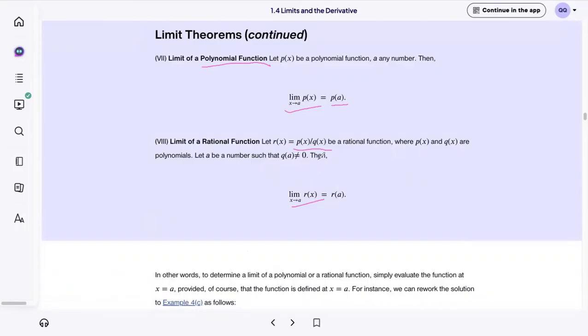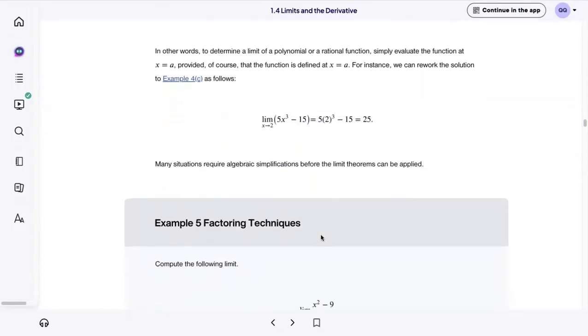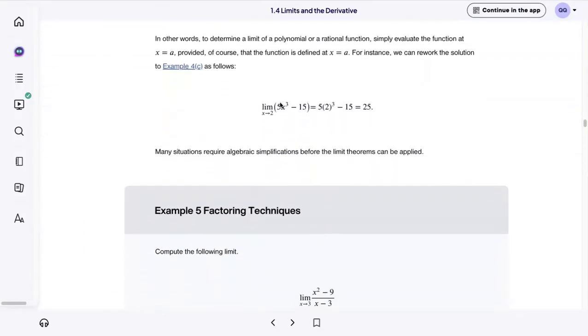It also equals the function value; only this condition has to be satisfied. Leave it like this: for the limit of a polynomial, just plug in the x value into this function to calculate.